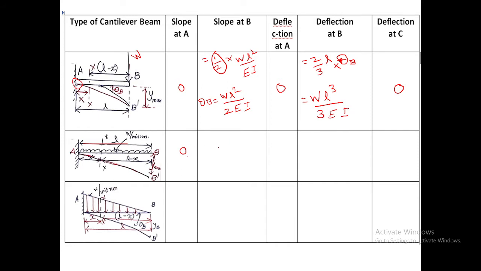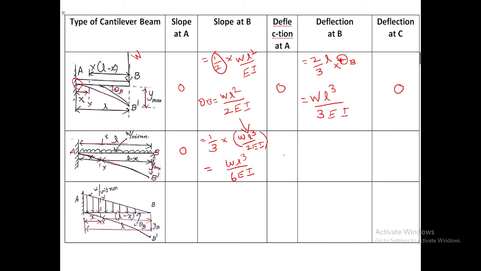Slope at B is 1 by 3 into small w L cube divided by 2EI. Multiplying these terms, we get W L cube divided by 6EI.